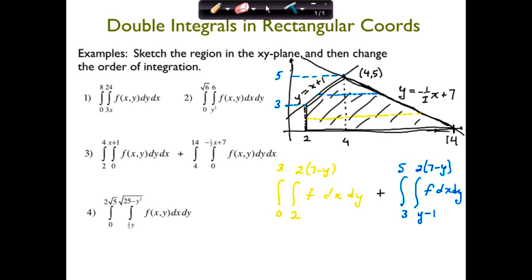See it now? And then it goes from this line to this line when y is between 3 and 5. Better?